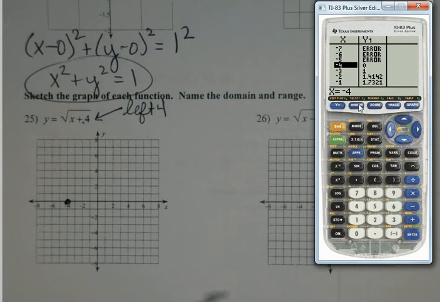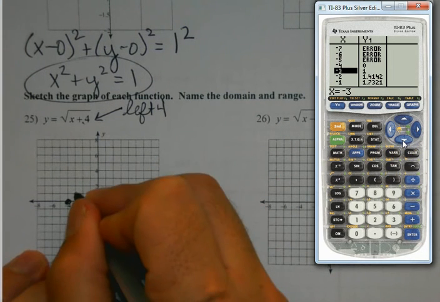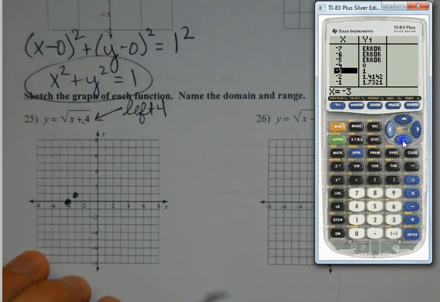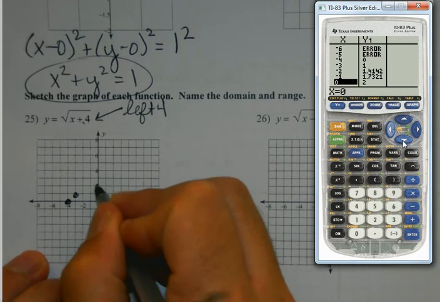So you'll notice the very first number, -4, is 0. Hey, that's where I put my first point. That's why I need to know my shifts. After that, I just look for where there are whole number points. So like -3, 1. I don't want to do the decimals because that's kind of sloppy. 0, 2.